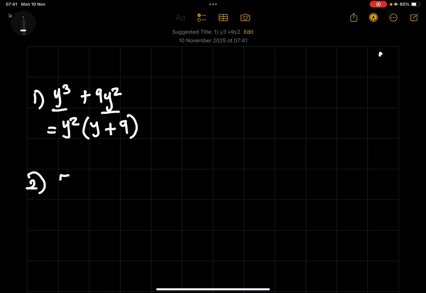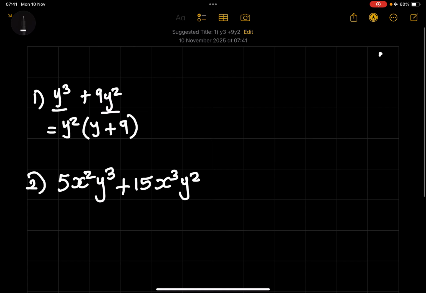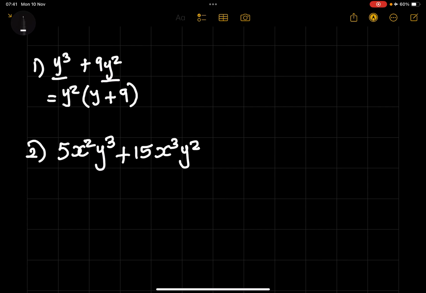Second one, we are given 5x squared y cubed plus 15x cubed y squared. So ladies and gents, the common factor between 15 and 5 is 5. And then the highest common factor between x squared and x cubed is x squared. The highest common factor between y cubed and y squared is y squared.